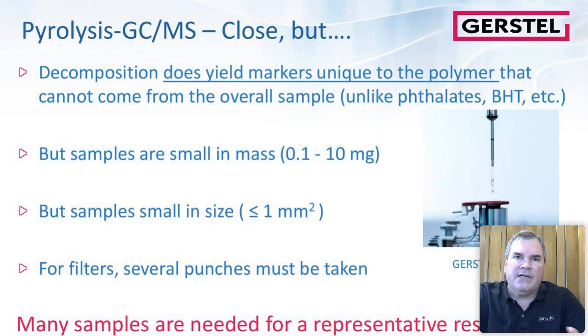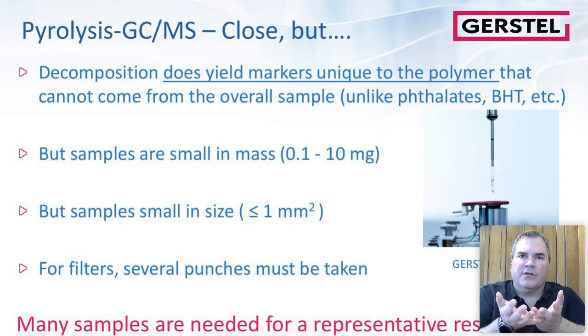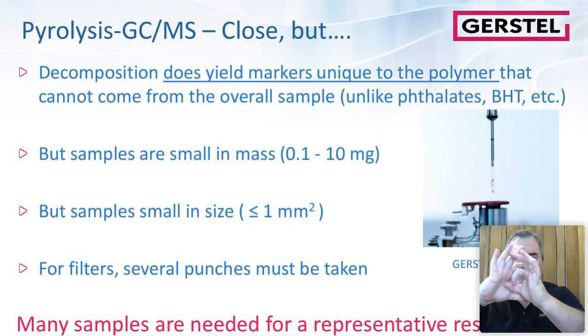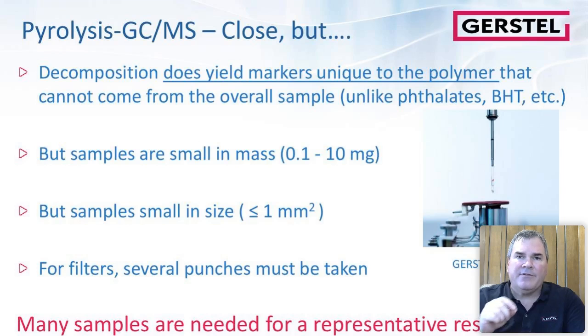If you're collecting, let's say you're going to take street water and run it through a filter to collect these microplastic particles, the filter might be fairly large, about the size of a coin. For pyrolysis to work, you're going to have to take several samples across that filter to make sure that you've got something representative.